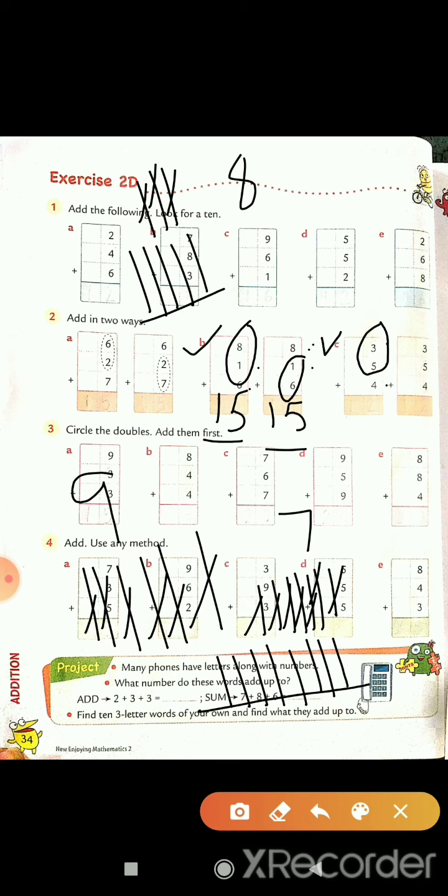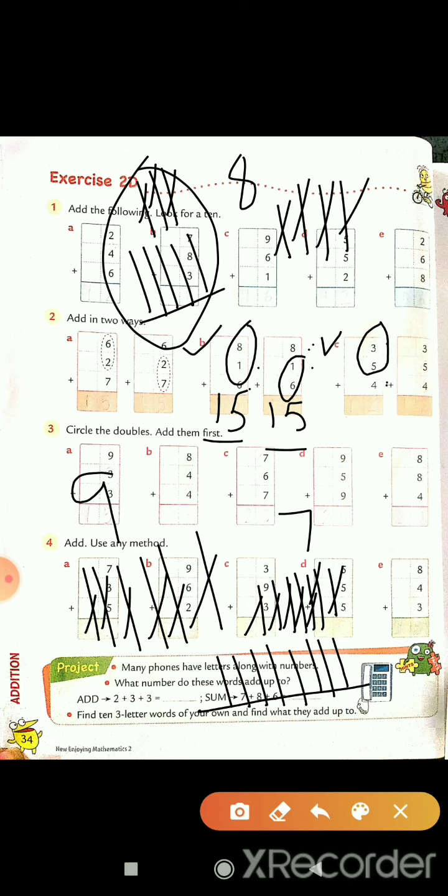So now 8 plus what is remaining? 4. 1, 2, 3, 4. 8 is already counted. What comes after 8? 9, 10, 11, 12. So here we will write 12. You need to circle the numbers which you are adding first.